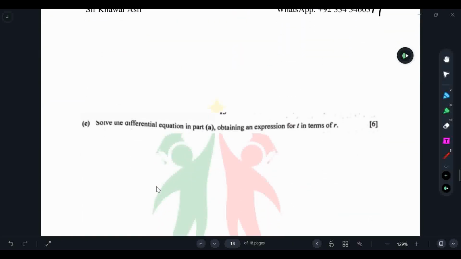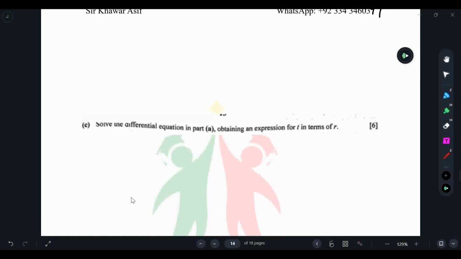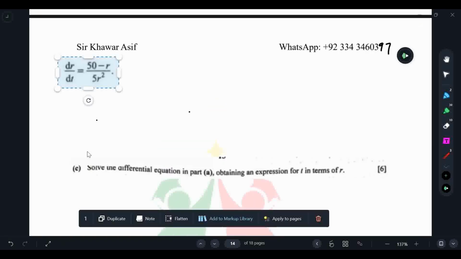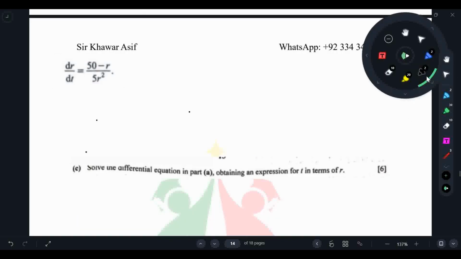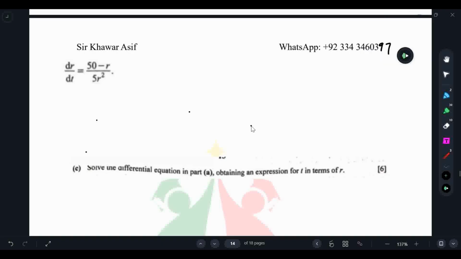Next question. Solve the differential equation in part A, obtaining an expression for t in terms of r. This one was the equation in part A, and we need to first rearrange it and then we can solve it.